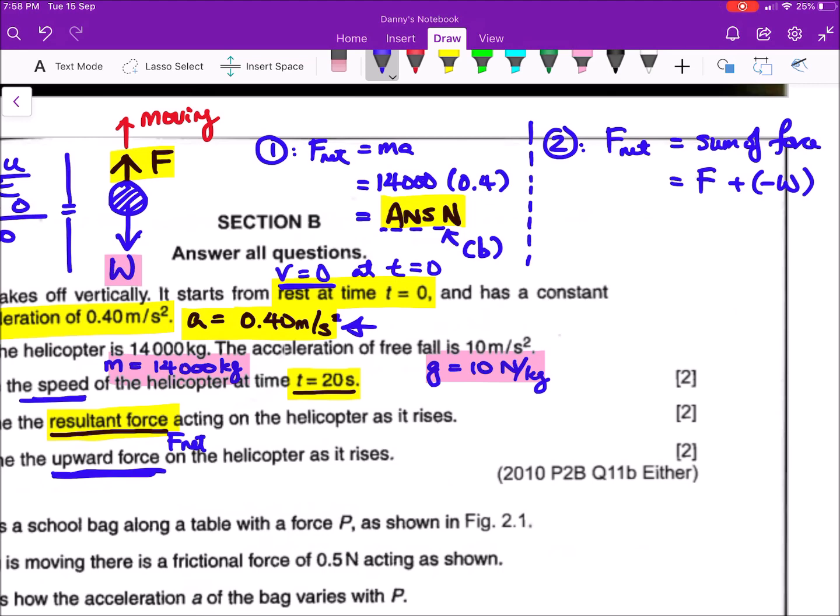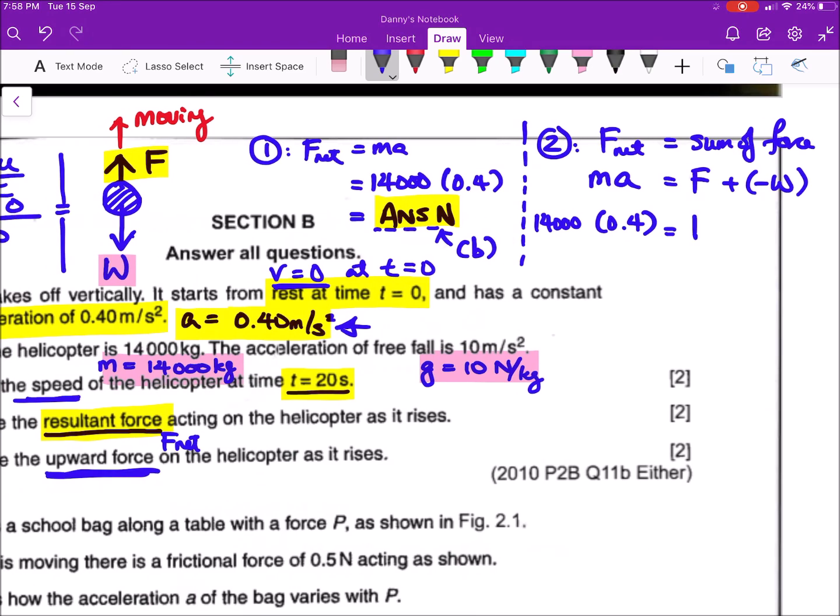And in part B, you have already found your ma. So now you can sub values in. Your m is 14,000 kg, your a is 0.4. Then you will have your upward force. I call it F, simply F. Remember, this F is not this F net. They are different.